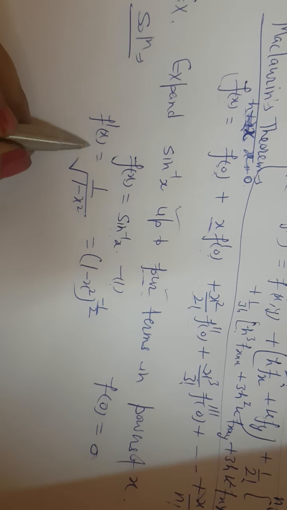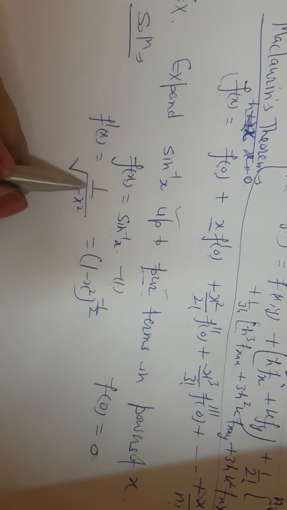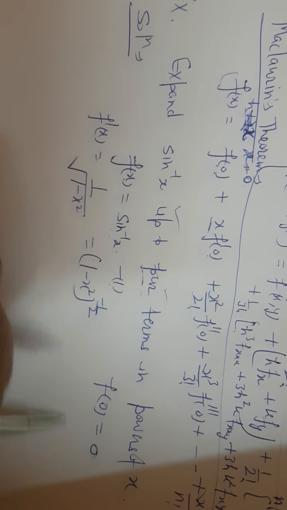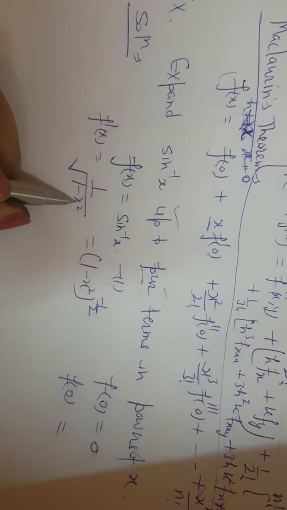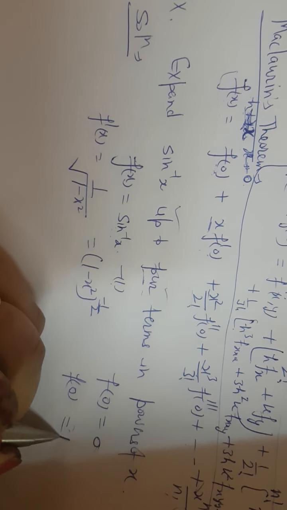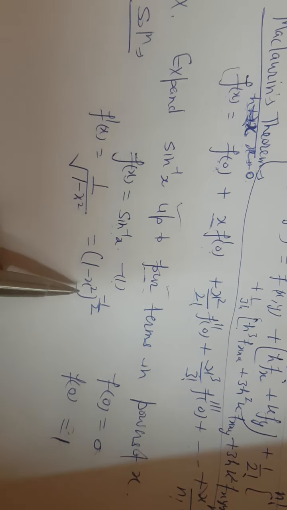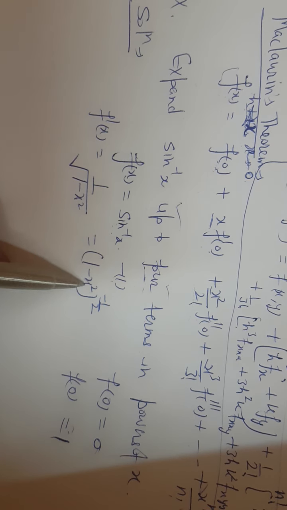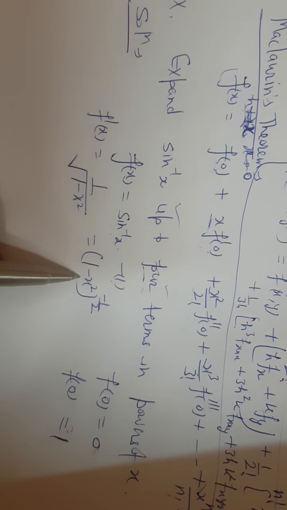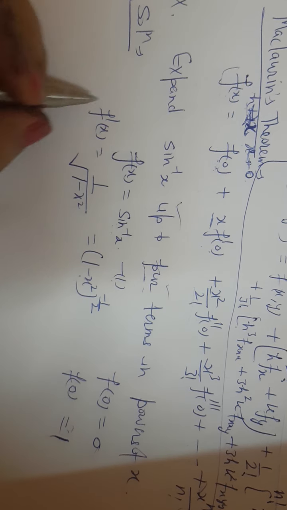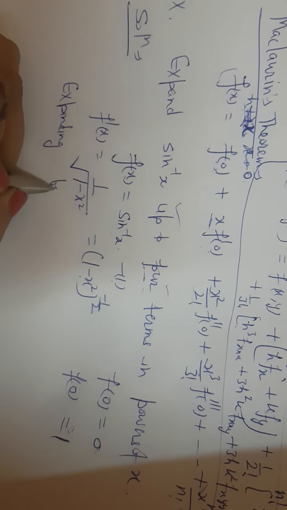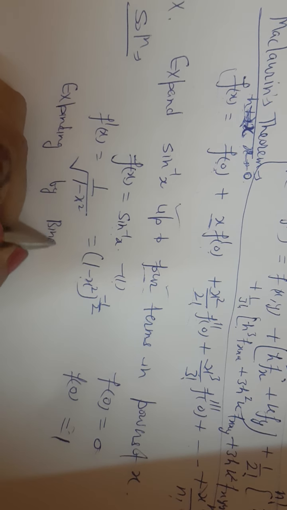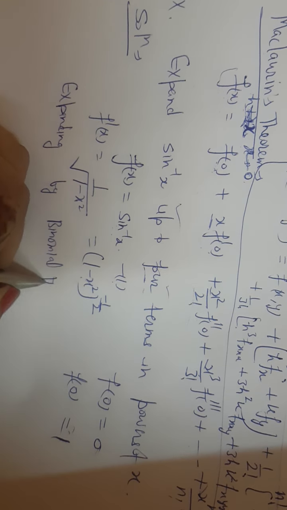So f dash x is 1 upon root of 1 minus x square, and f dash 0, putting 0 here, gives 1. Now you can solve this term by expanding by the binomial theorem.